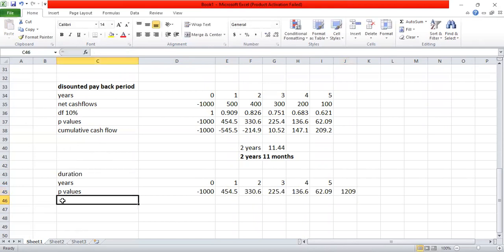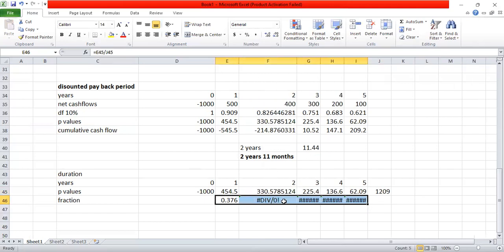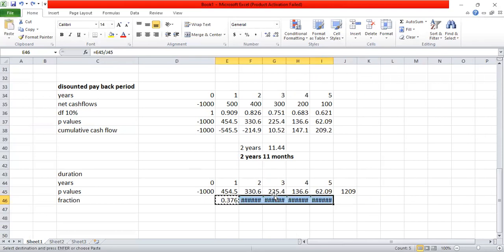Now, first of all, you will calculate here the fraction. The fraction formula will be this divided by this. Copy paste for the next year. You can do it by yourself as well.